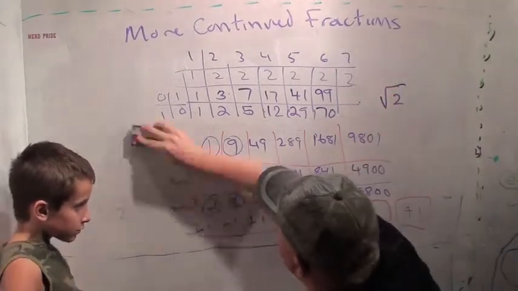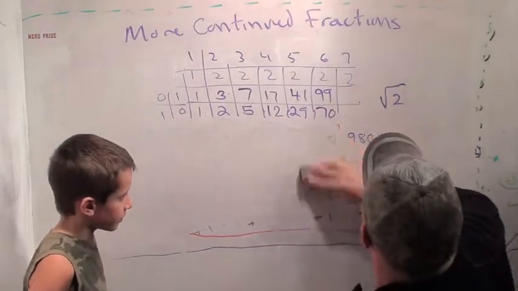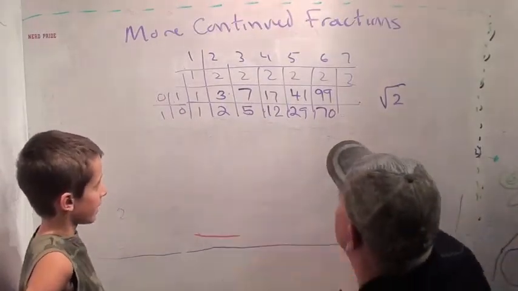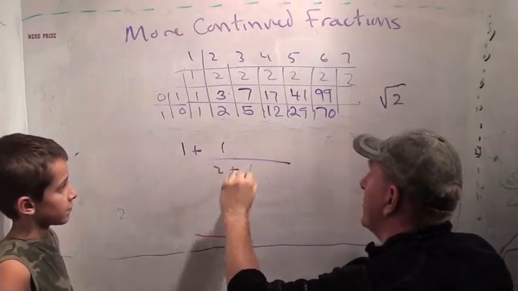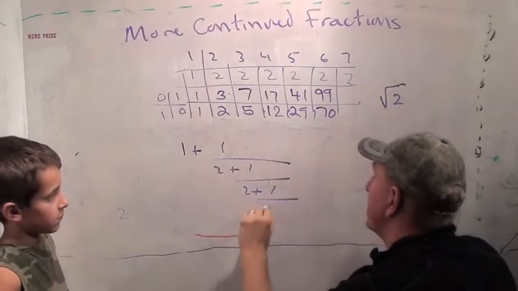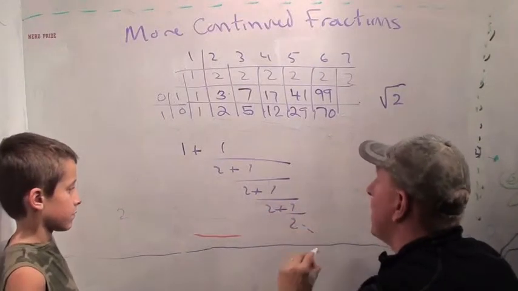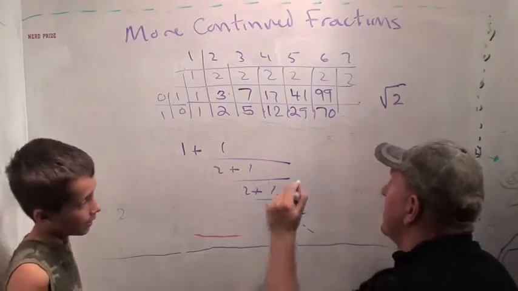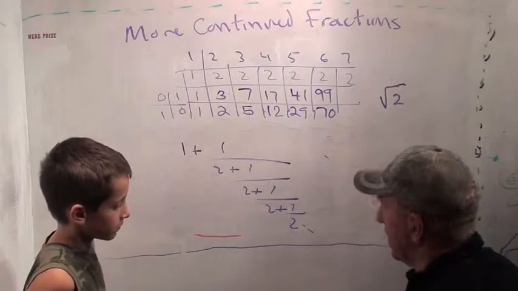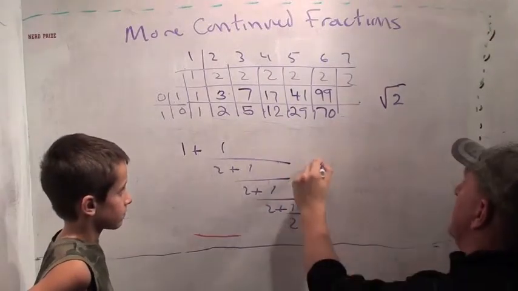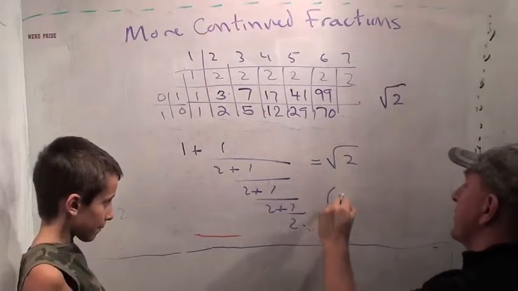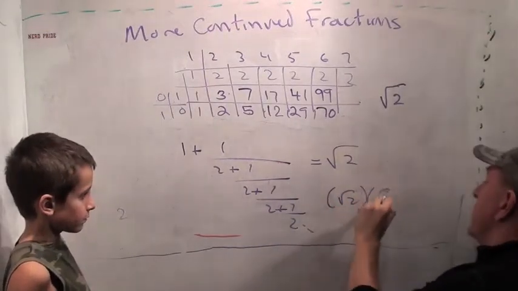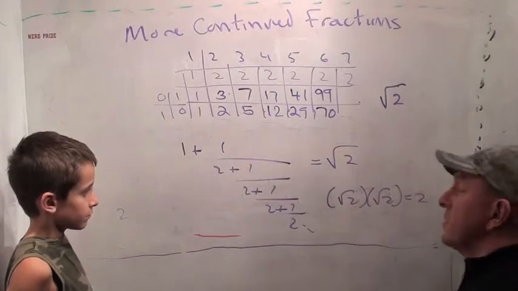So our continued fraction, 1 plus 1 over 2 plus 1 over 2 plus 1 over 2 plus 1 over 2, all the way to infinity, equals something called the square root of 2. And the square root of 2 is a number that has the property that the square root of 2 times the square root of 2 equals 2.